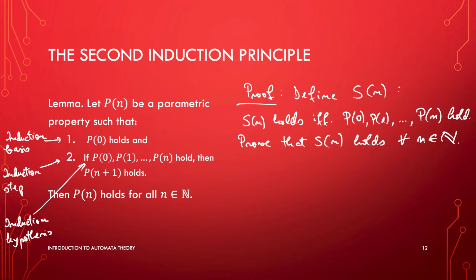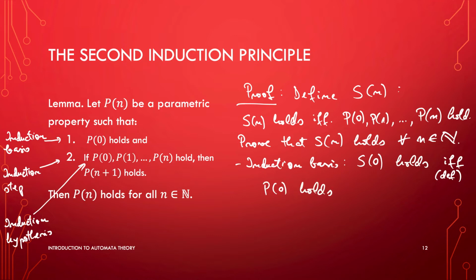And so as usual, what we do is we are looking at the induction basis. And that means that we have to check that S of 0 holds. S of 0 holds if and only if, and this is by definition, P of 0 holds.